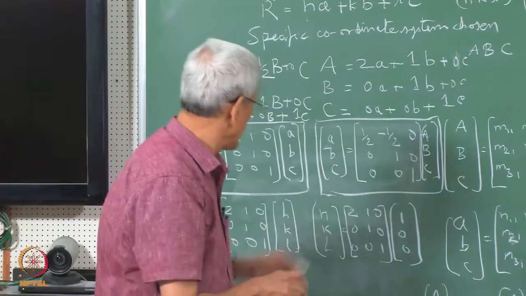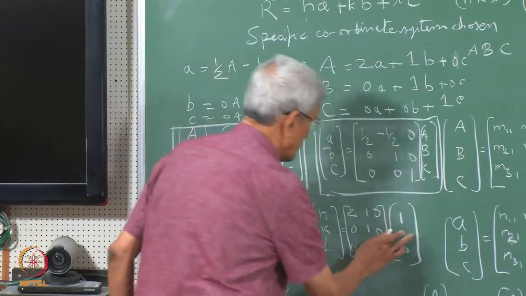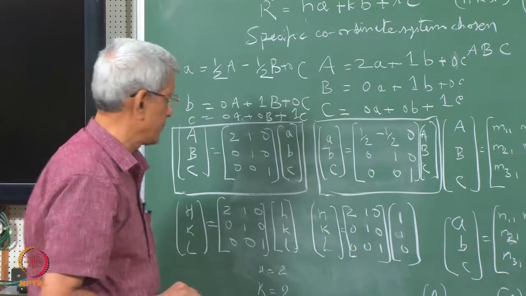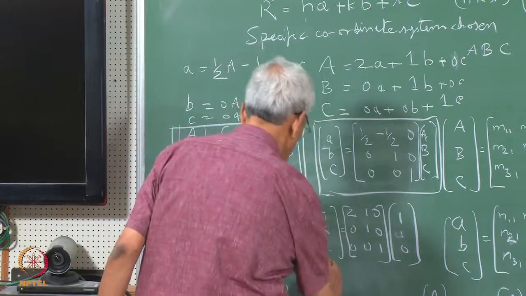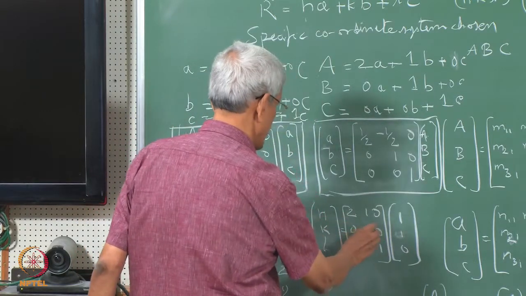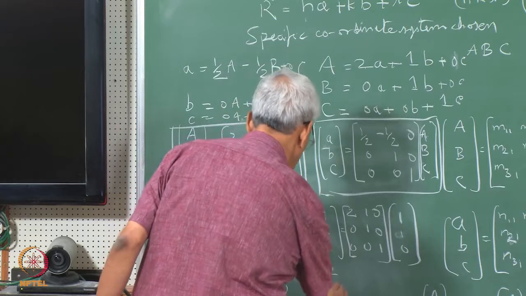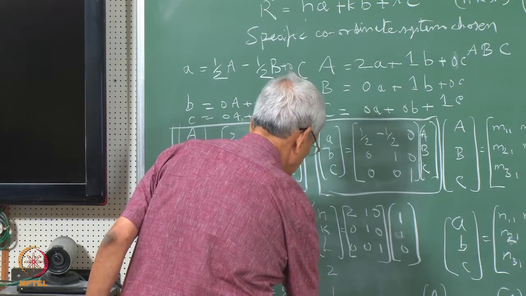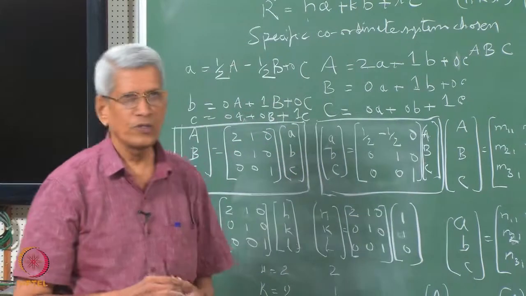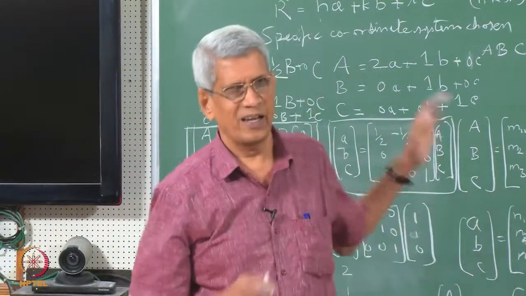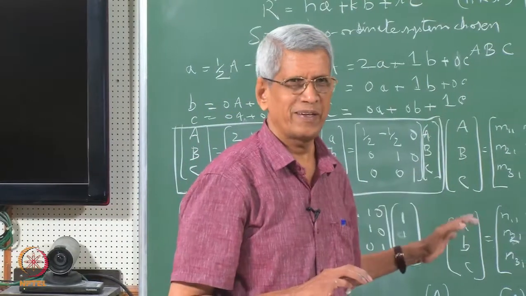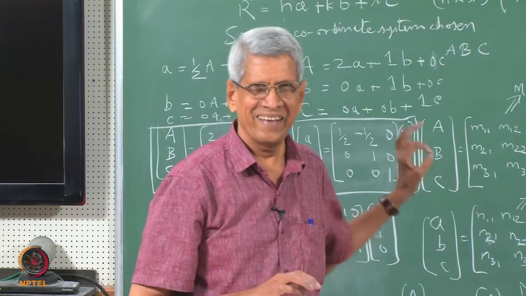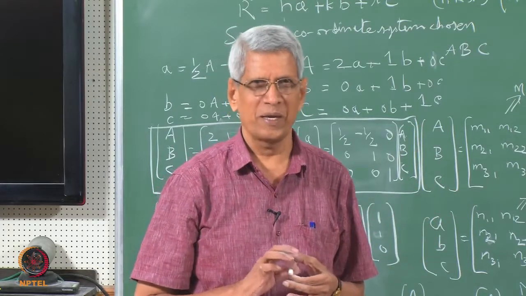Okay. We can take another one, suppose we wanted to take 1 1 0. Now what will happen? H will turn out to be 2, K will turn out to be 1, L will turn out to be 0. So 1 1 0 in the hexagonal lattice will be represented as the 2 1 0 plane in the orthorhombic lattice.